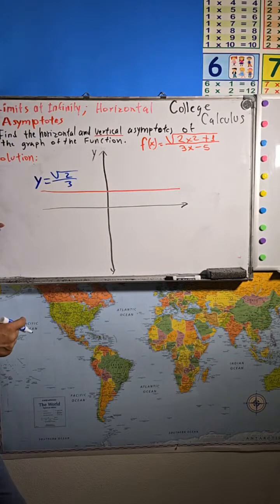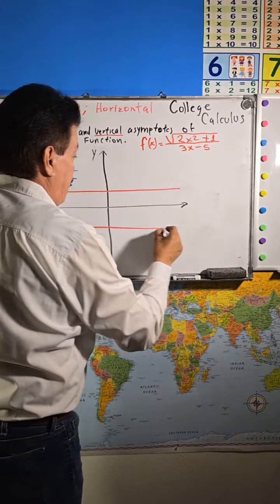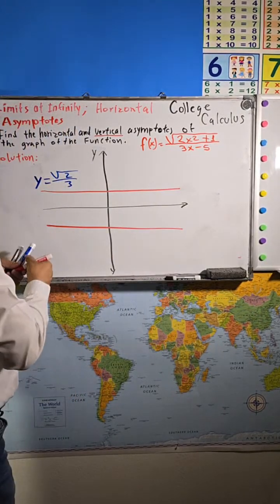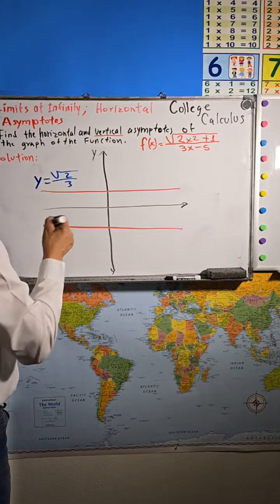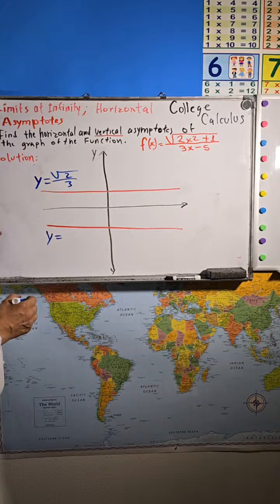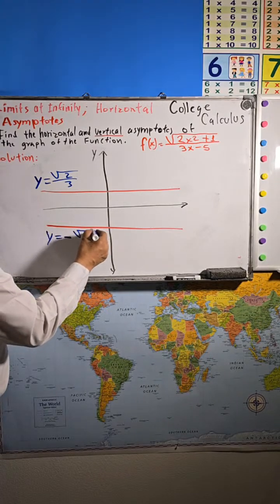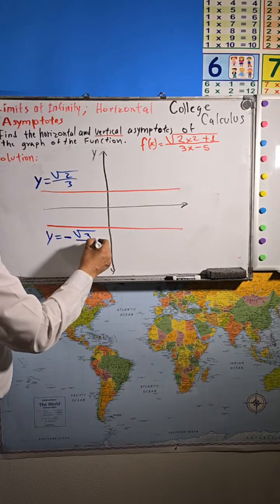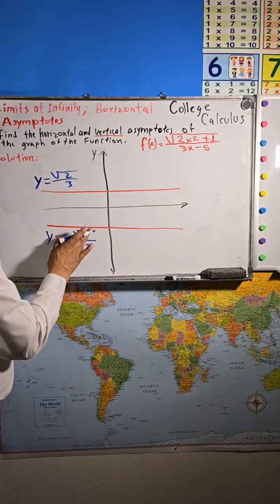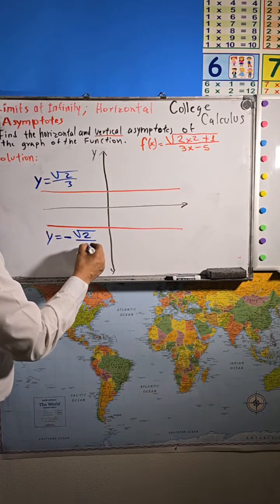The second one is y, another one but negative, the same number but negative: y equals negative square root of 2 divided by 3.